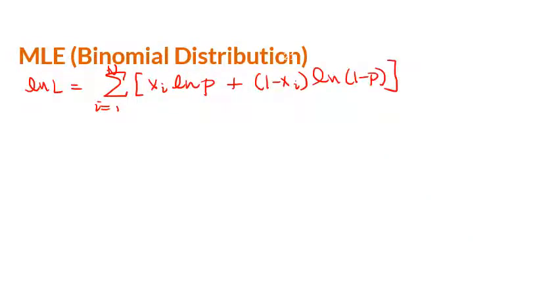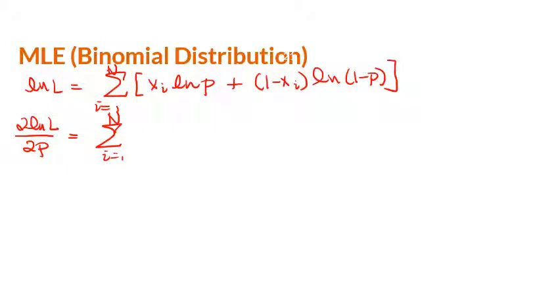Okay, so we now try maximizing this. So we look for our critical numbers. So we take the derivative of ln L with respect to p, and then we equate this to 0. Let's evaluate first yung partial of ln L with respect to p. Okay, so this becomes summation of i from 1 to n.